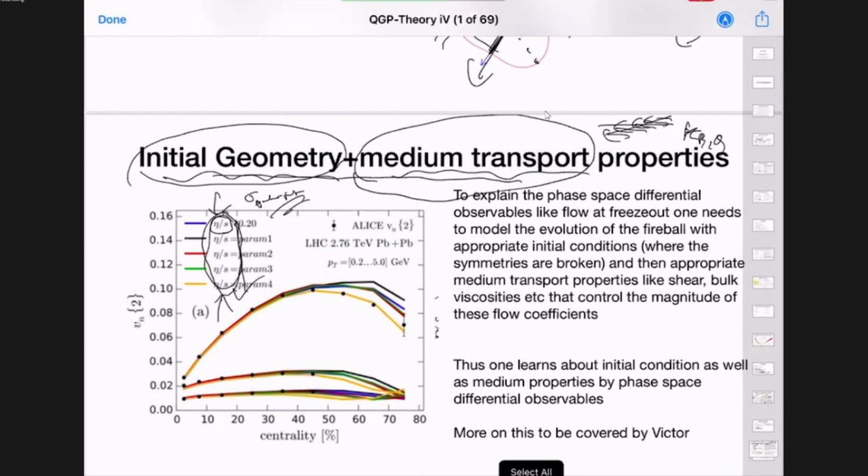We are still some time away from that. So currently we have to play around with these transport coefficients, or these cross sections, and try to see what phenomenologically motivated guess or parameterization works best to fit the data.